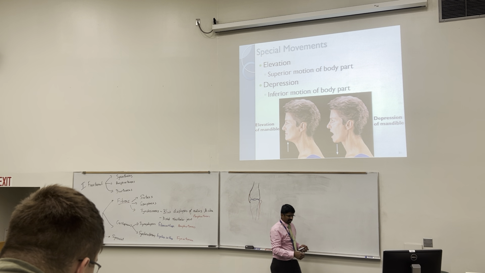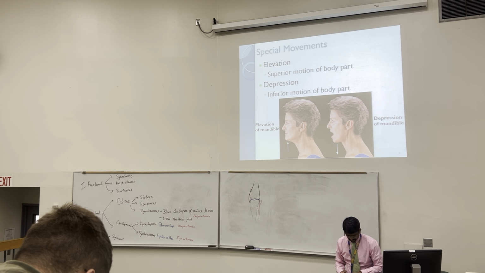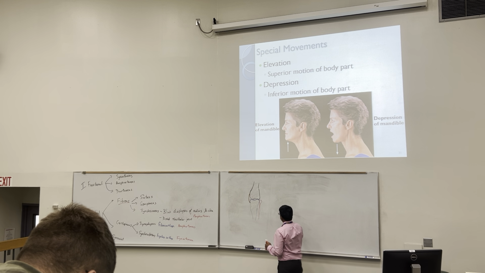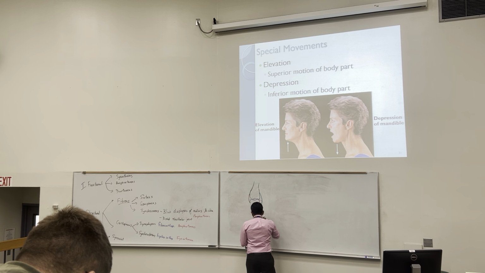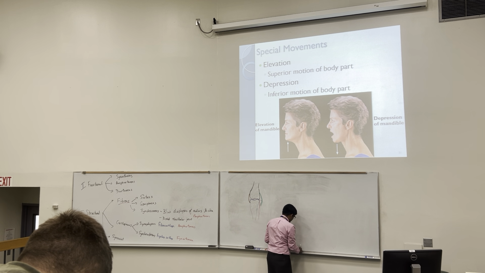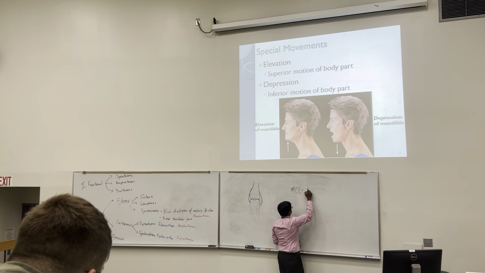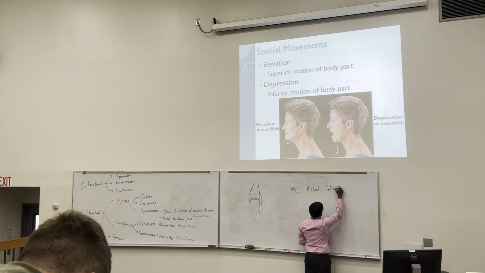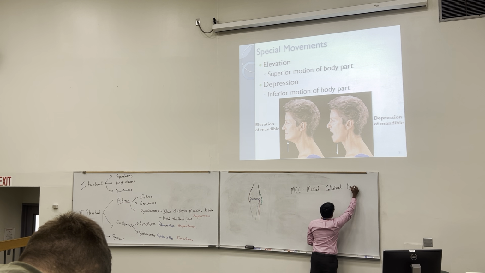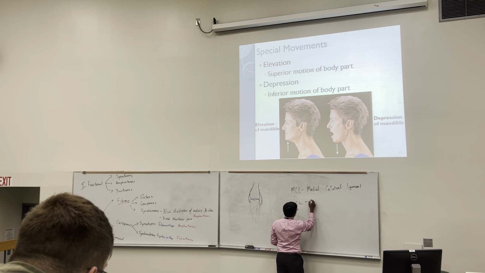So MCL stands for medial collateral ligament. That's a common one to tear. Again, please write the full word: medial collateral ligament. The other one, we don't use the shorthand so much, that's lateral collateral.